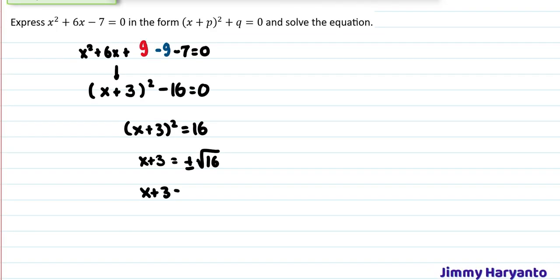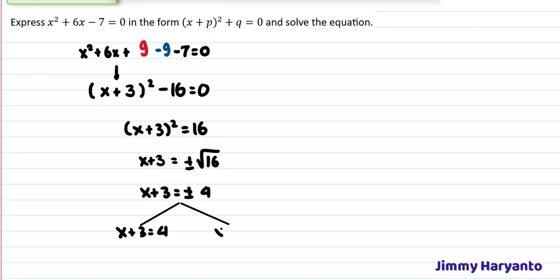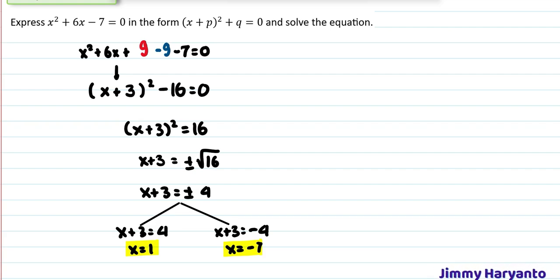So x plus 3 equals plus minus 4, and then we'll separate them into two parts. We'll have x plus 3 equals 4 and x plus 3 equals negative 4. That means x equals 1, x equals negative 7. So our answer is 1 and negative 7. This is how you solve using the completing the square method.